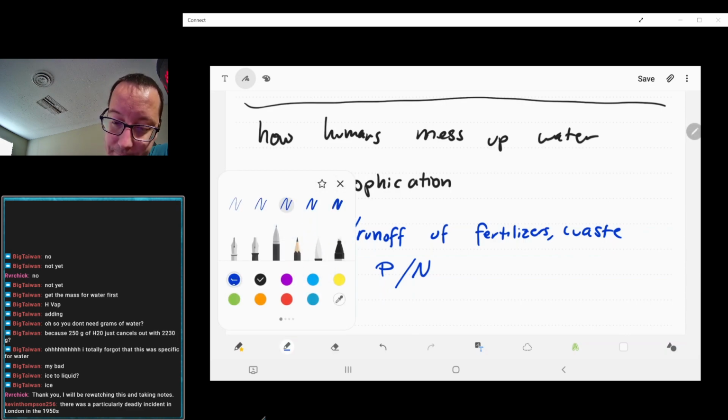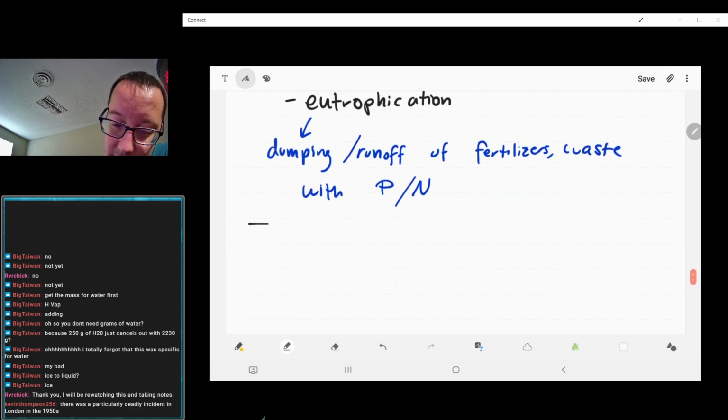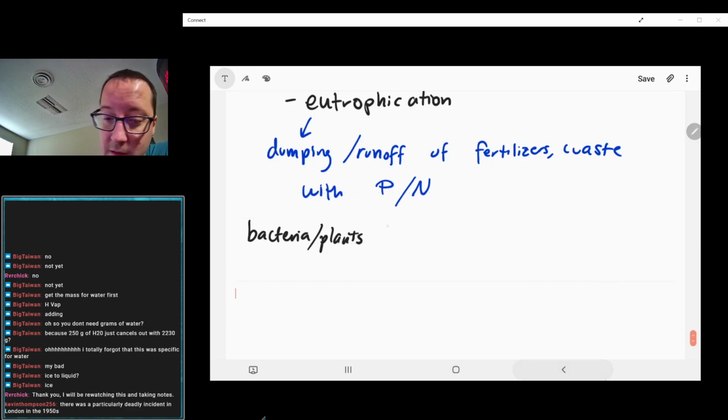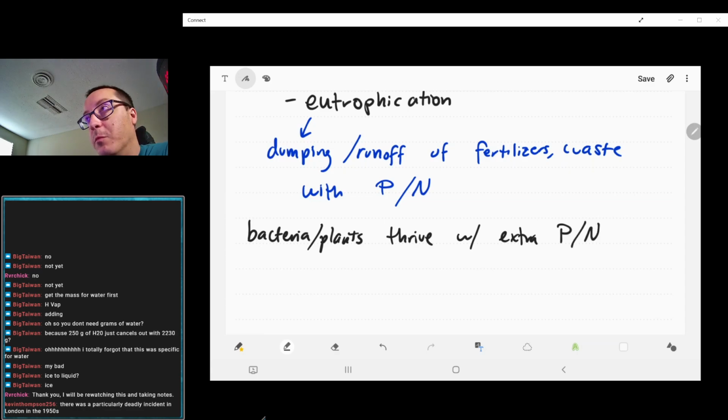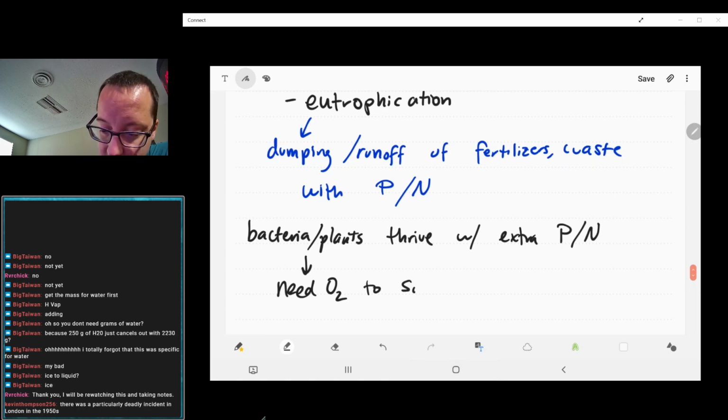So, bacteria and aquatic plants thrive with extra phosphorus or nitrogen. Both of them, typically. However, there's a problem with this. These need oxygen to survive.